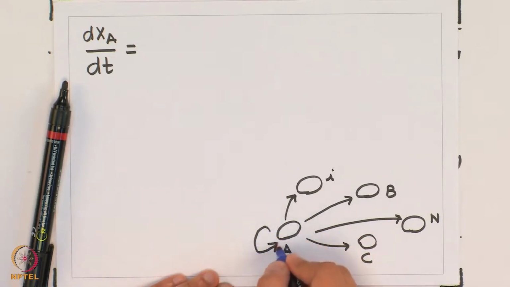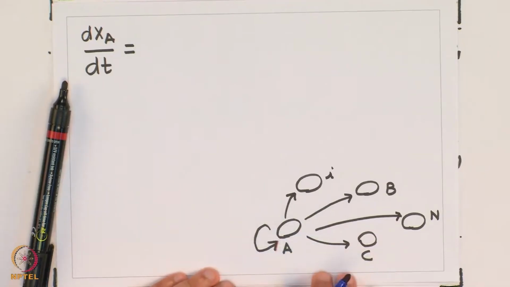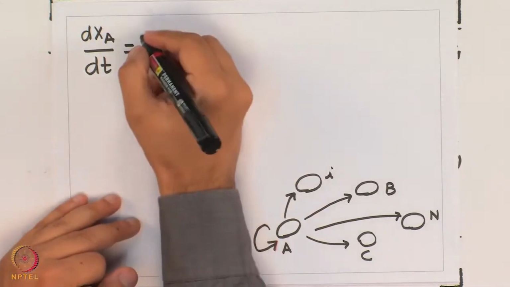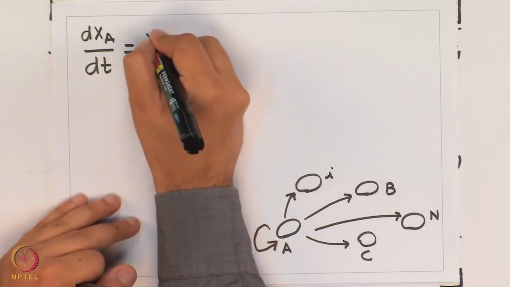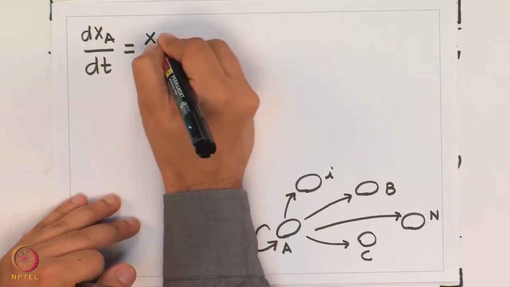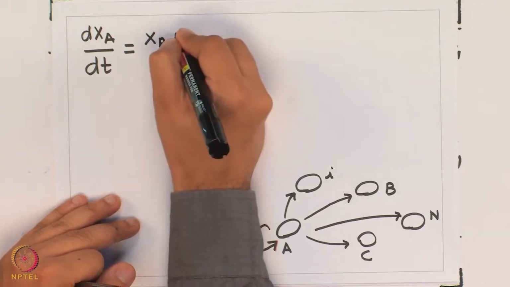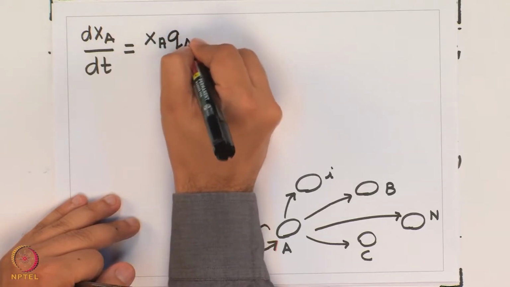This is one arrow which is coming into node A, which is every time A replicates and it leads to a progeny of type A. What is this going to be equal to? This is going to be represented by x_A times Q_AA.